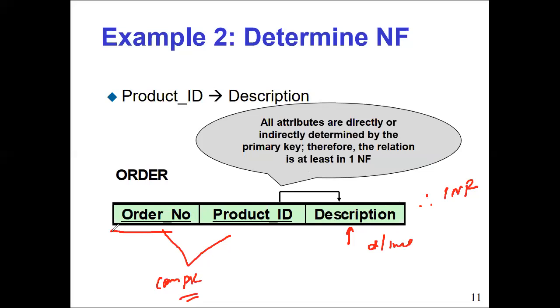This is the primary key. If all the attributes depend on the primary key, then we can say that is 1NF. It means there will be no multi-value attributes. Partial, we don't talk about from the first case. From 0 to 1, all the attributes directly or indirectly depend on the primary key. Partial primary key is for the second stage, but this is our primary key.